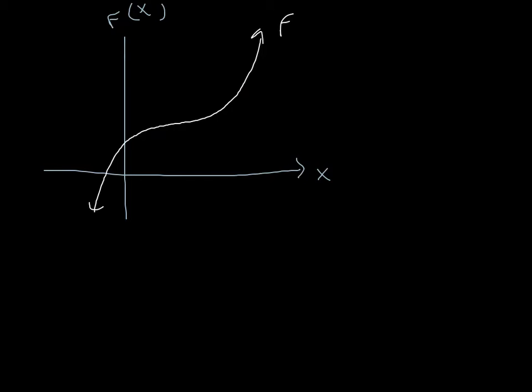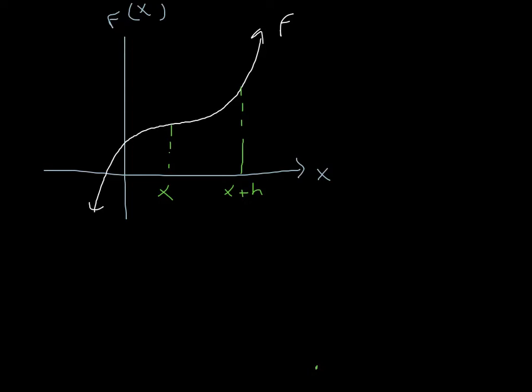So let's say I have some value here. We'll call this x. And we're going to slide over here just a little ways, and we're going to look at another value. But we're not going to call it x, we're going to call it x plus h. I've moved over from x some amount, we don't know what it is, we've just moved to the right. Okay?